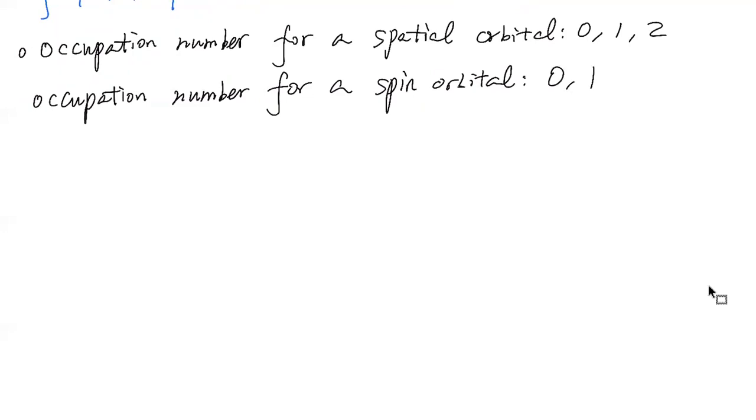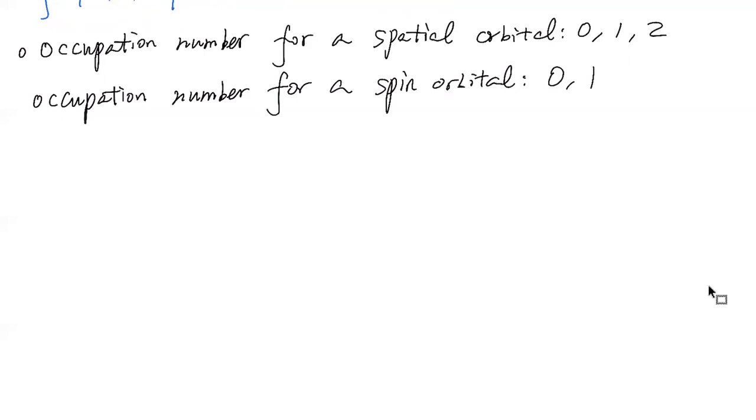It could be empty, or it could be occupied by a single electron, okay? You cannot have 2 electrons occupy the same spin orbital, because that means these 2 electrons have the same spin state at the same spatial point. That's again forbidden by the Pauli exclusion principle.